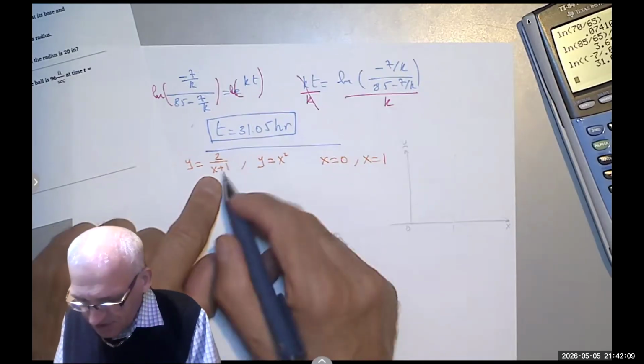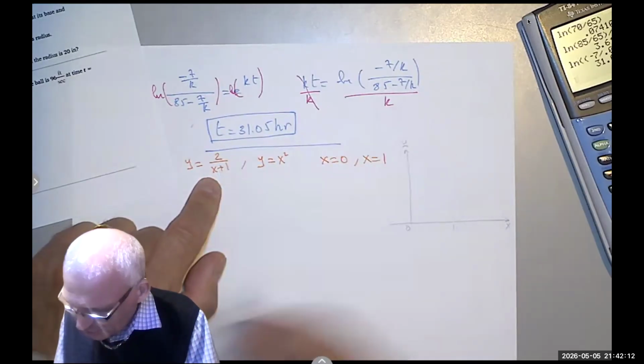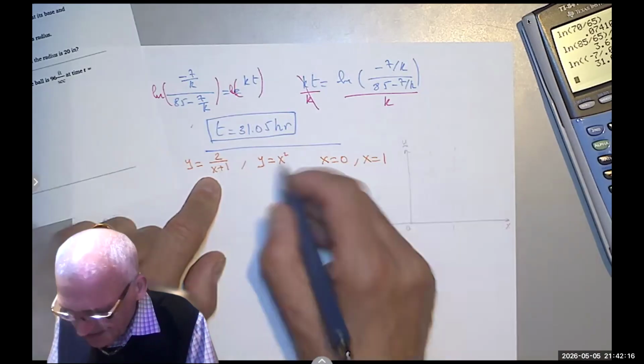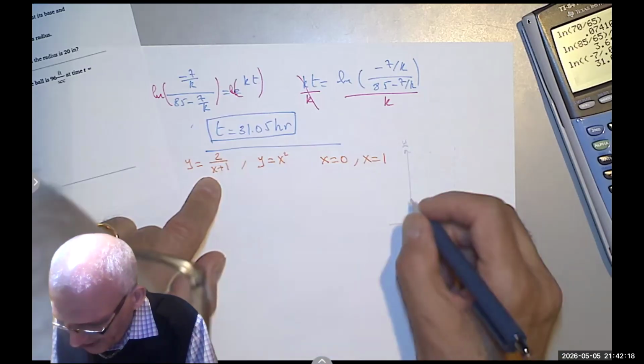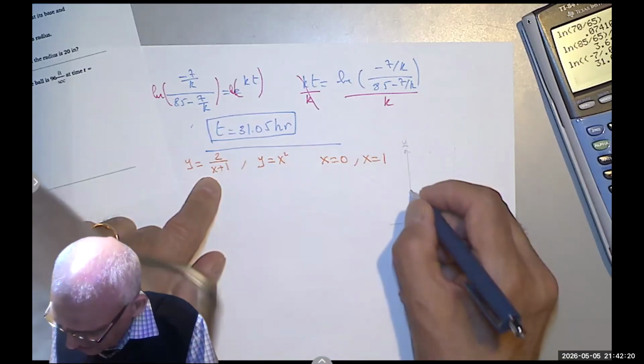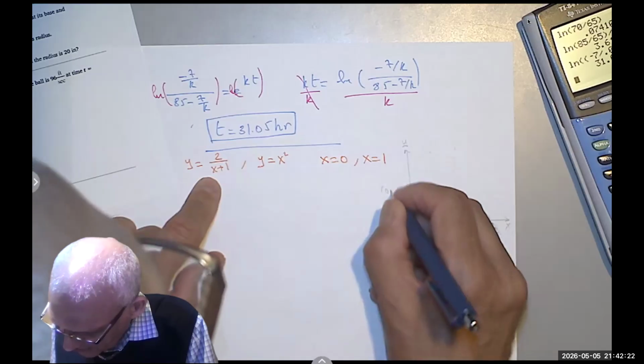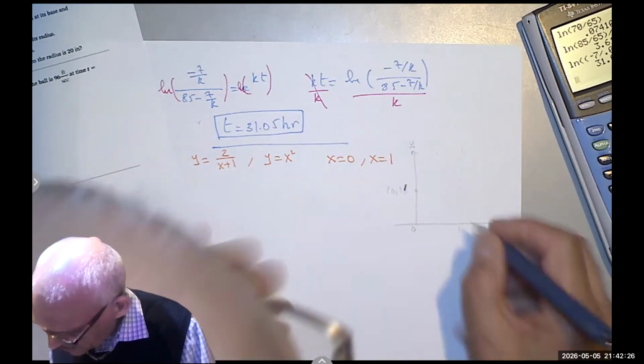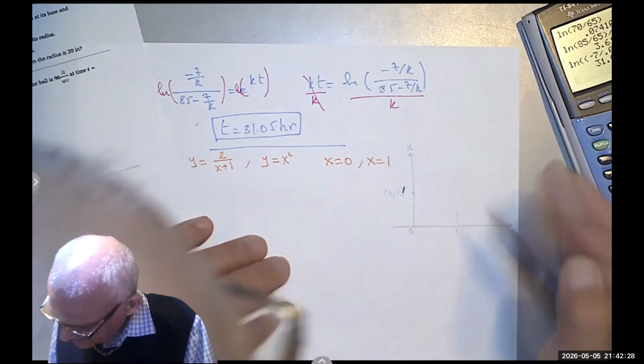At x equals 0, y equals 2 for the first graph. So let's call it f of x. And this is g of x, for example, instead of y. So 0 and 2 is a point. And then at x equals 1, you get 2 over 2, which is 1, so 1 and 1.